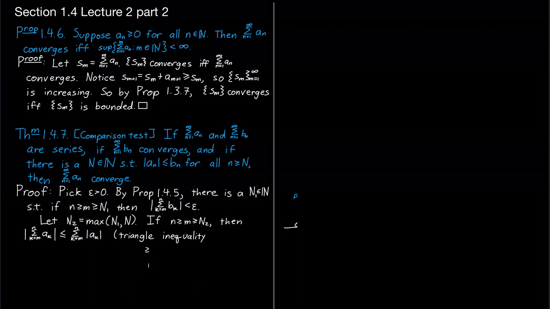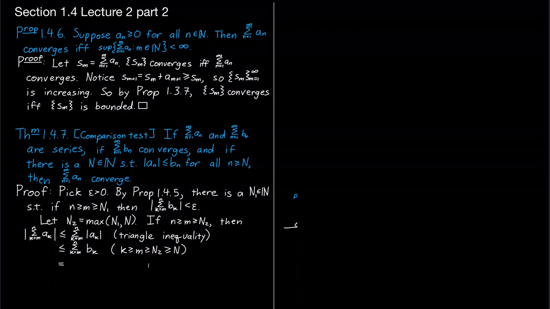It's the triangle inequality and also induction. And then that's at most the sum from k equals m to n of bk, and this is because k is at least m, is at least n2, is at least big N.